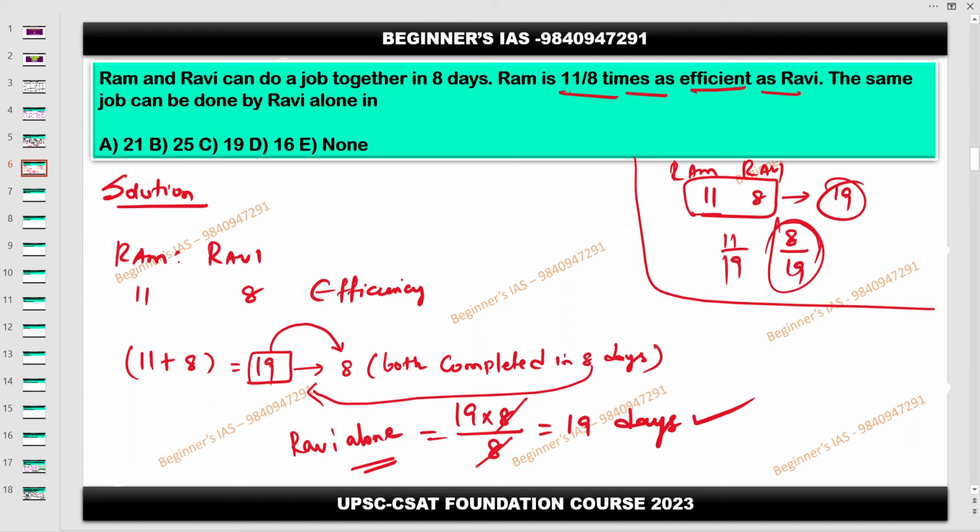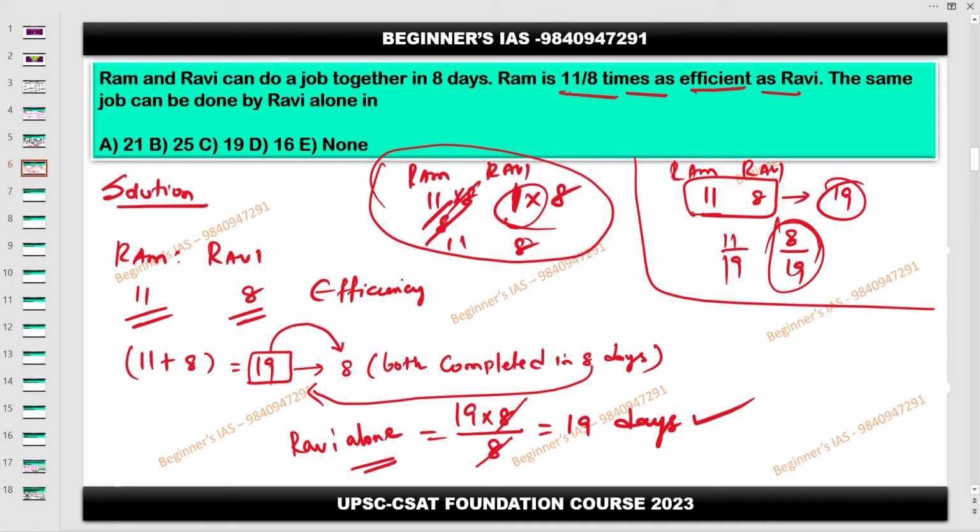So for example, if Ravi is 1, then Ram is 11 by 8. Now multiply with 8. So therefore 11 and 8. Understanding how we are getting 11 and 8? Yes, sir. Clear, Pratyush?